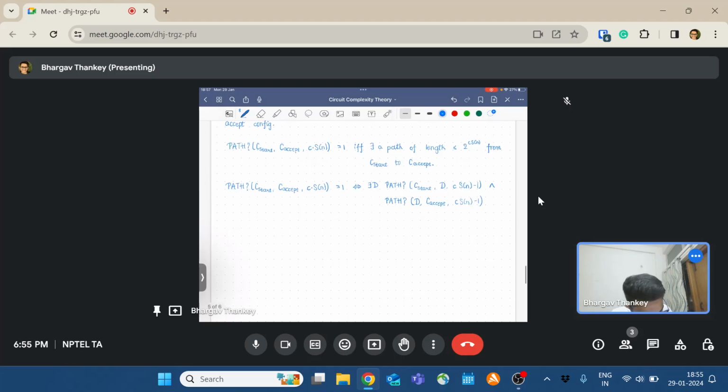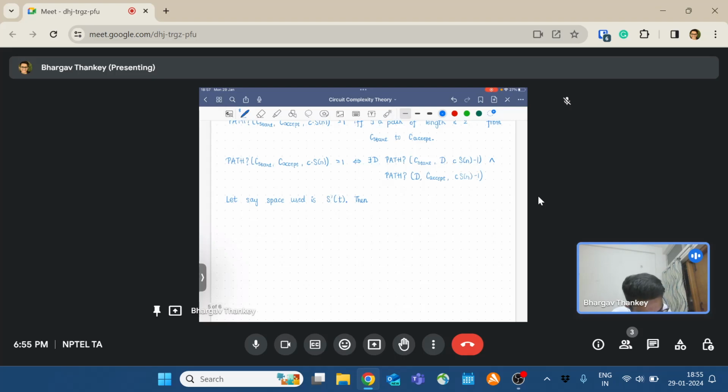Let's say the space is S prime. We can write a recursive relation: S prime of C times S(n) is equal to, for these two, I can reuse the space, so it's just one call plus order S(n), because that's how much I need to store D as I go over all different Ds.